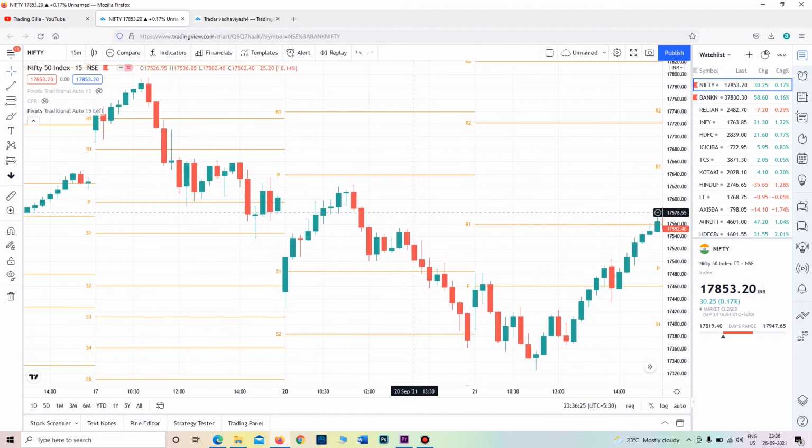See friends, when the market is below the pivot line, see how much it has fallen, bearish.